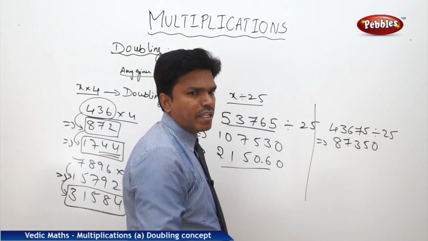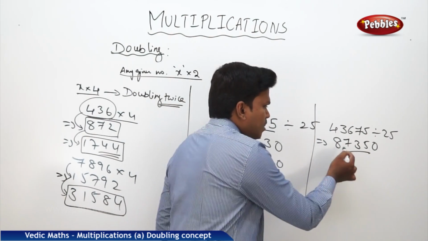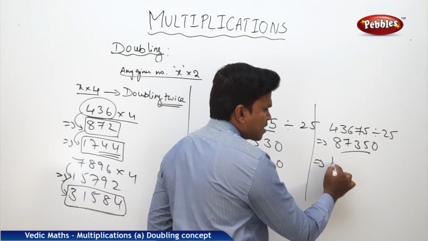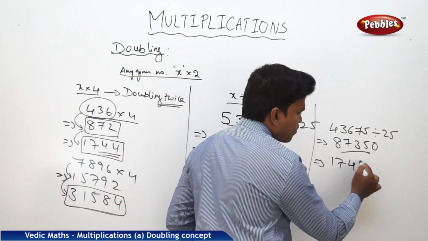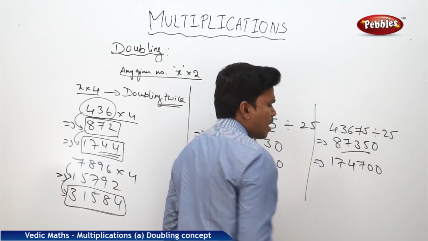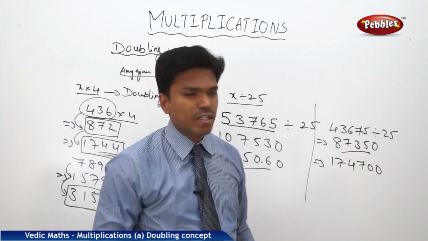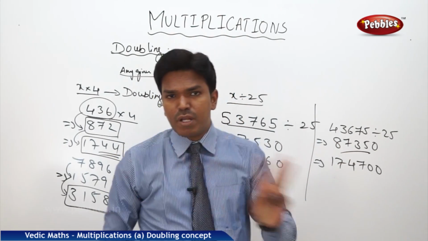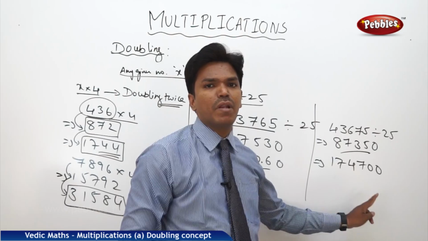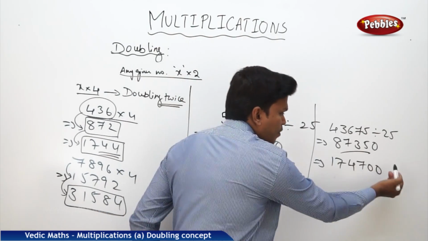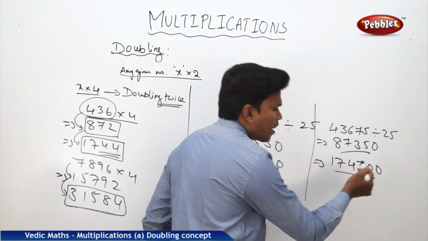This is the first time doubling. Again make this number double. How much will you get? 174700 as my second time doubling. See, the first time doubling is not my answer. After getting the second time doubling, after putting a decimal point after 2 digits from right, this will be my answer.